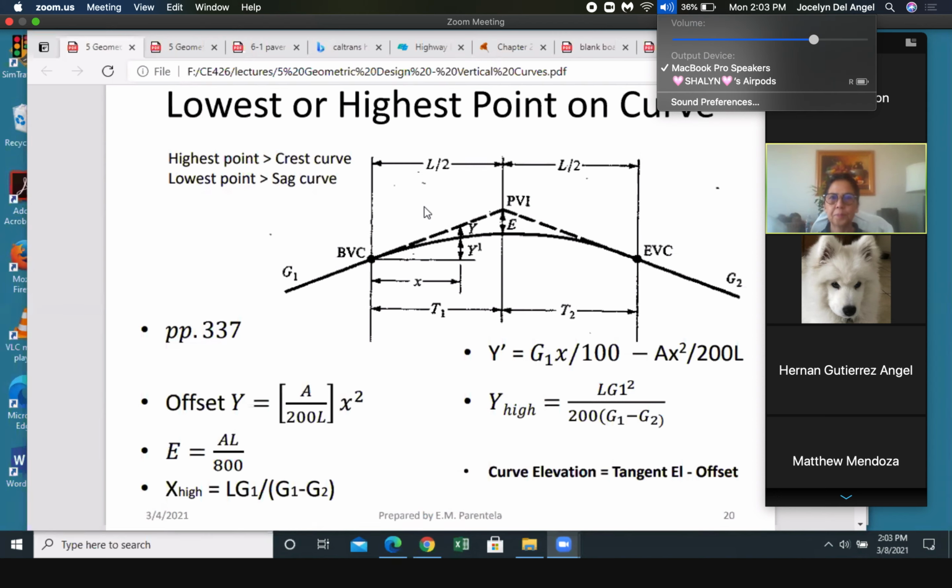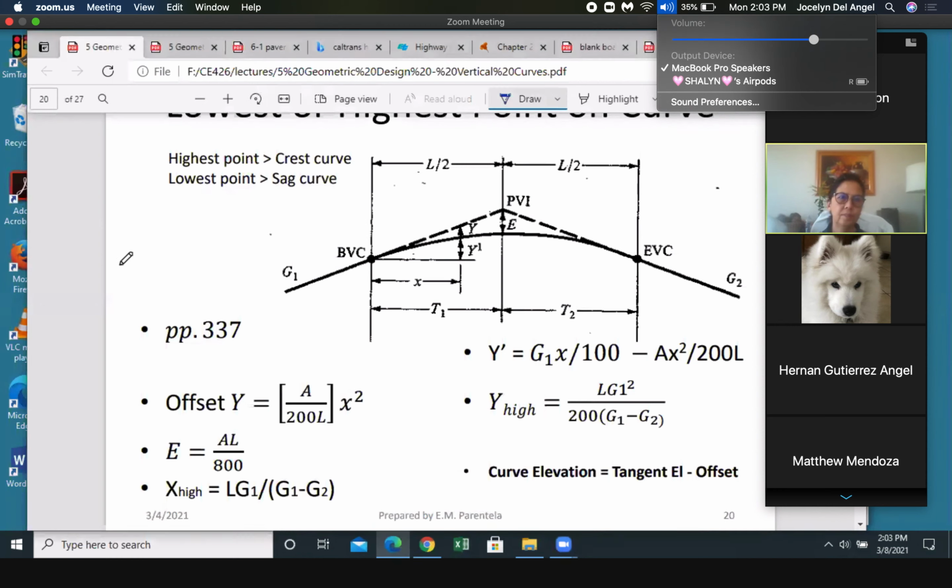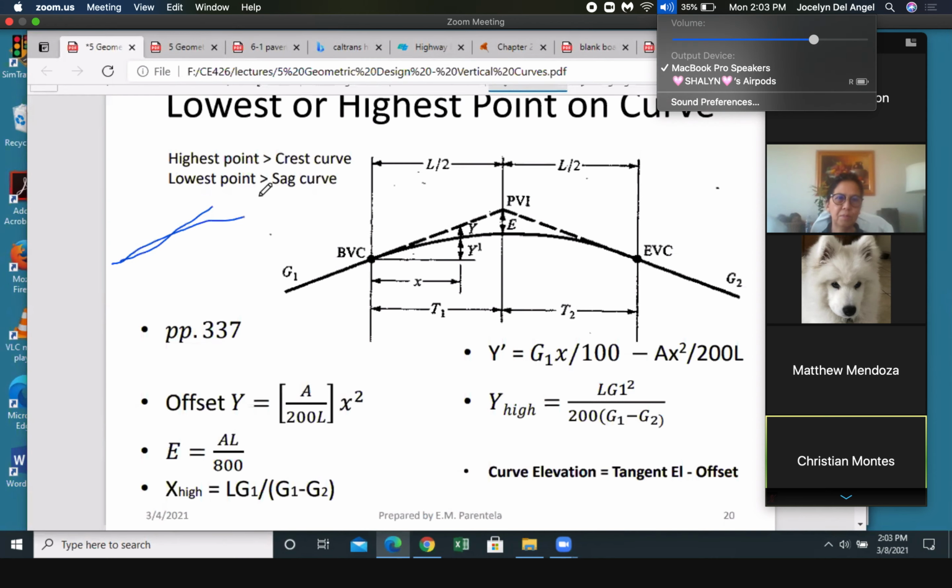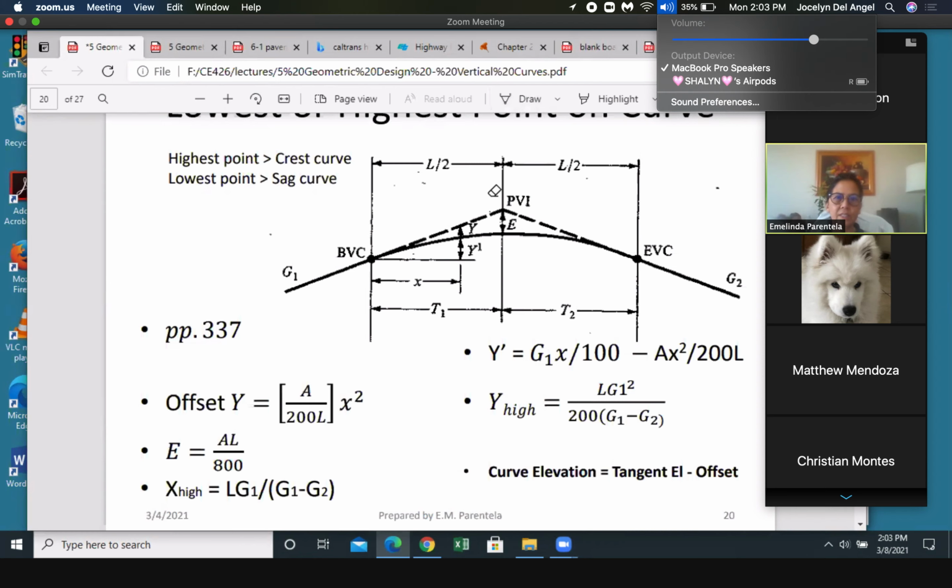So supposing this is your curve right here, the offset would be this point. That's your offset.